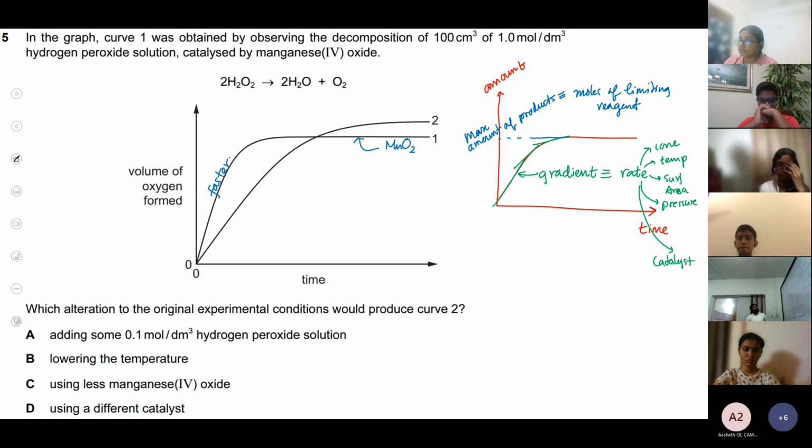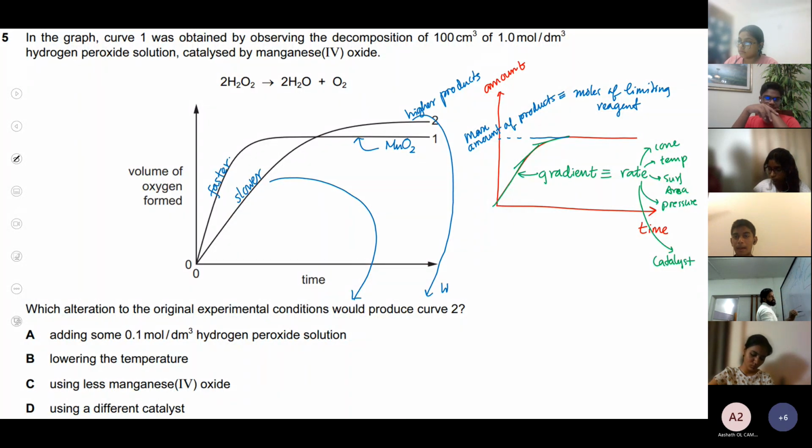Second, they are asking what kind of reaction is curve 2. Now you can see this is slow. So whatever the conditions here must tally with a slower reaction. Not only that, it has a higher amount of products. That means it should tally with a higher limiting reagent.